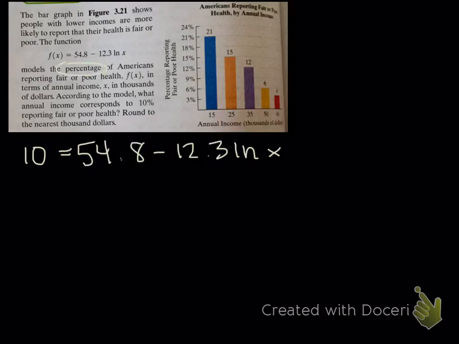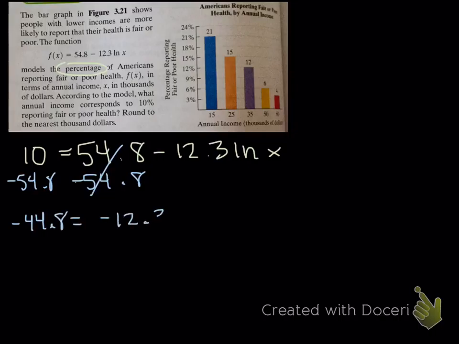To start solving, I need to isolate ln of x as much as possible, so I'm going to subtract that 54.8 over to both sides. On the left side, we get negative 44.8. On the right side, we get negative 12.3. And then to isolate this, we would divide both sides by this negative 12.3.